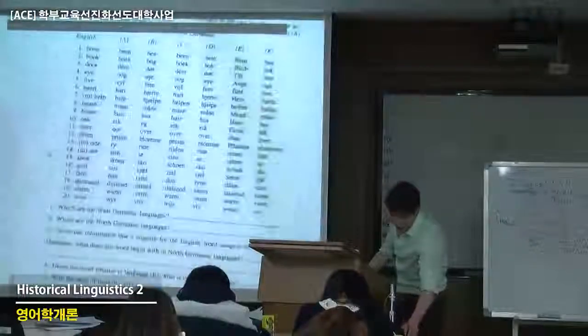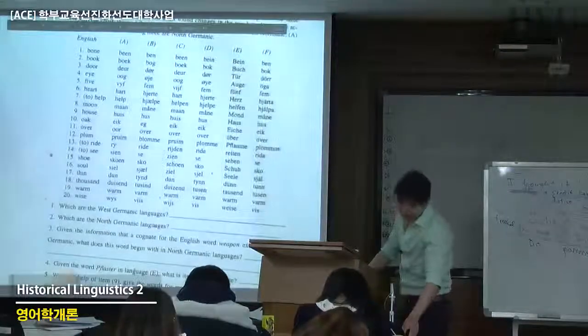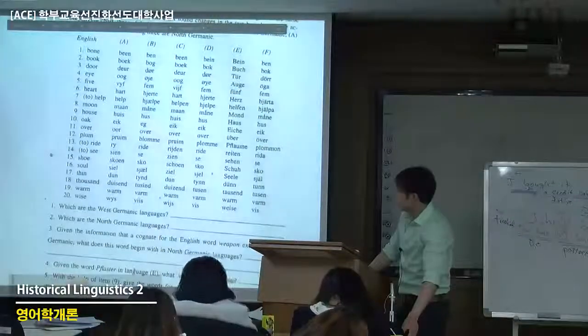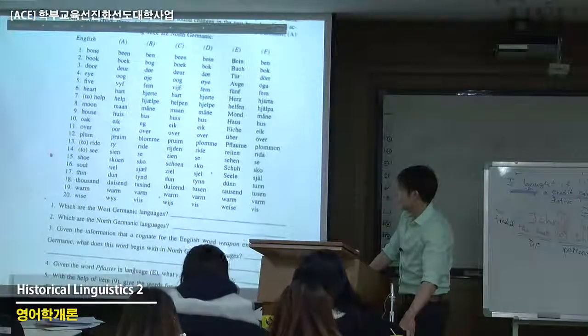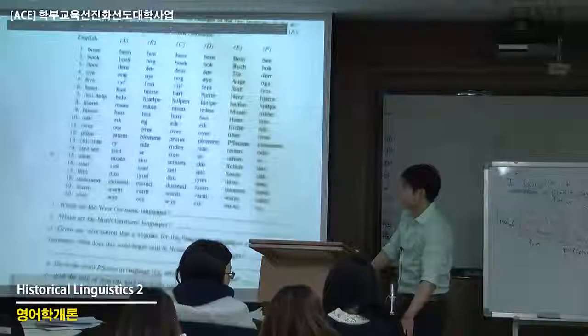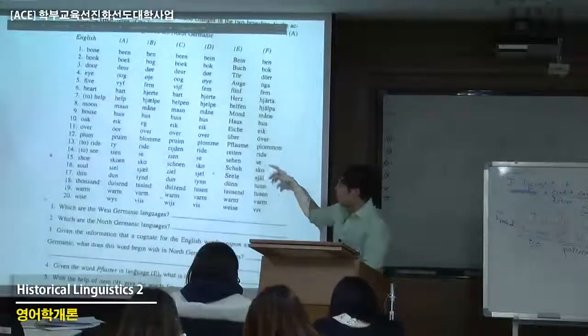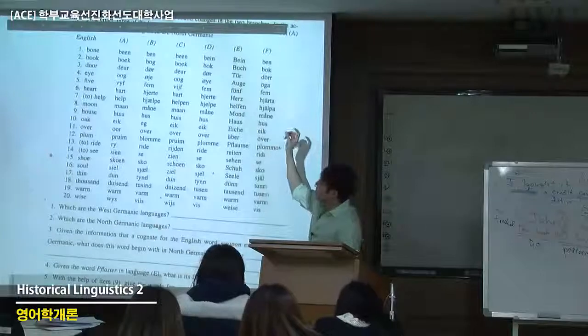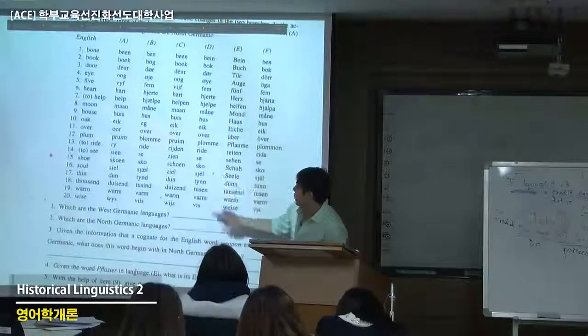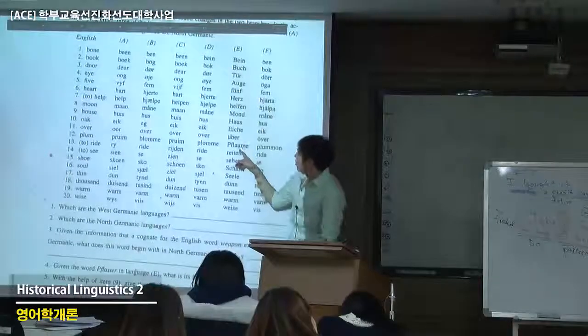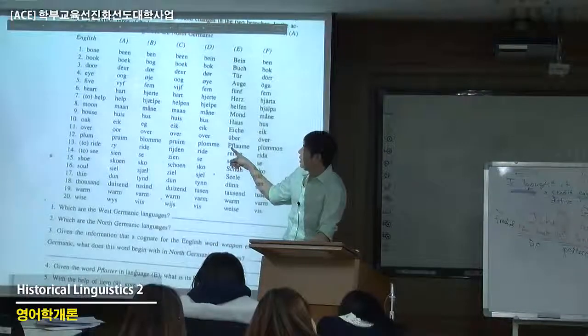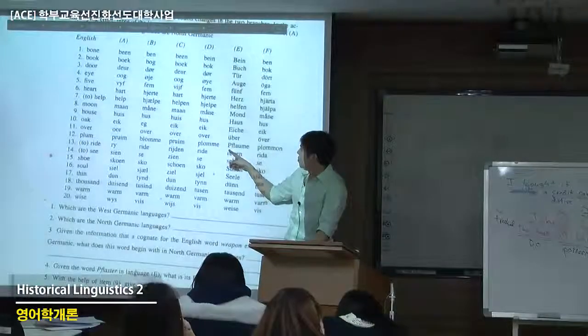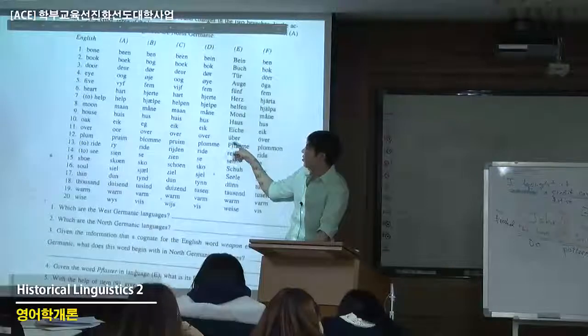Okay, and there are some questions on here that you should be able to do, like number 4. Given the word faster in language E, what is the English cognate? So you have to see what the sound P is in English, or PF in English. So you can use, for example, number 12, Paflame PF, right?